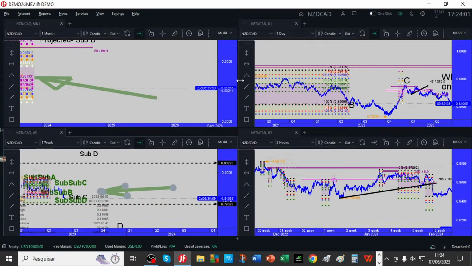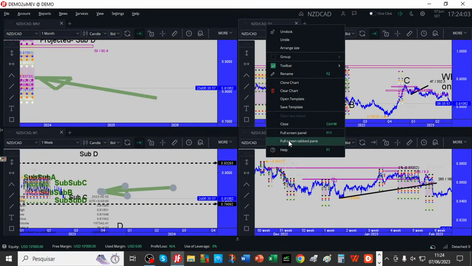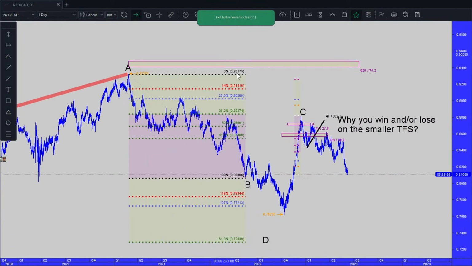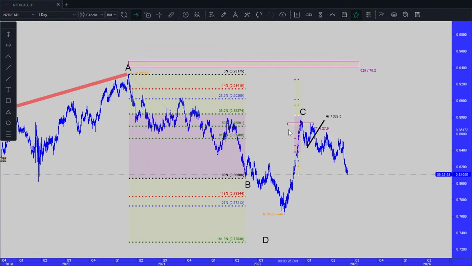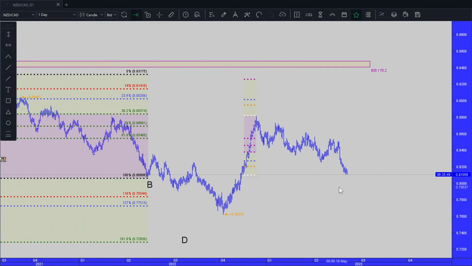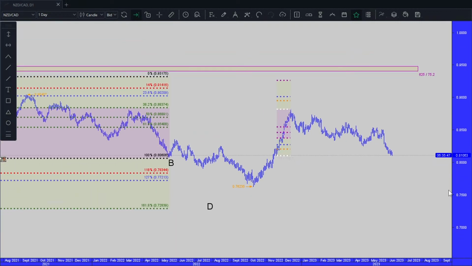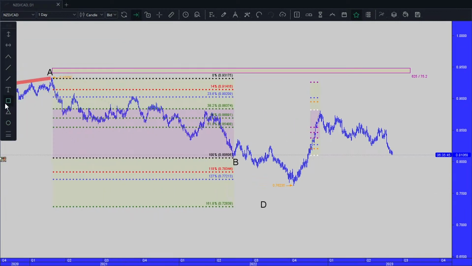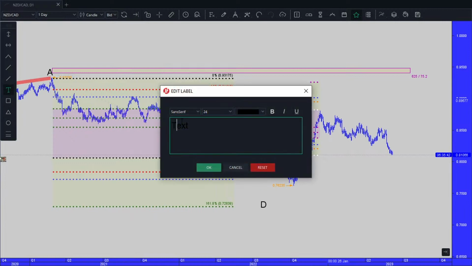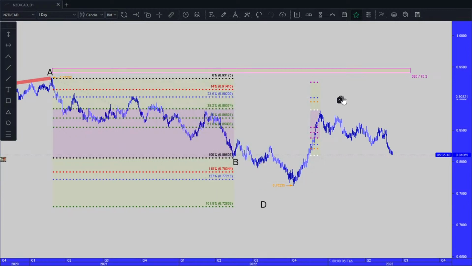Alright? Now let's see what happened on the daily chart. See, everybody? Where was our entry at the C? Give it a second. This is our C up in here.